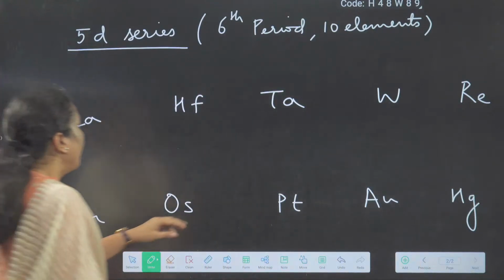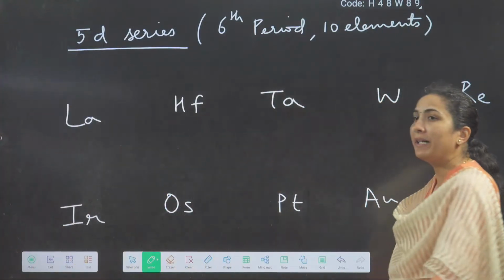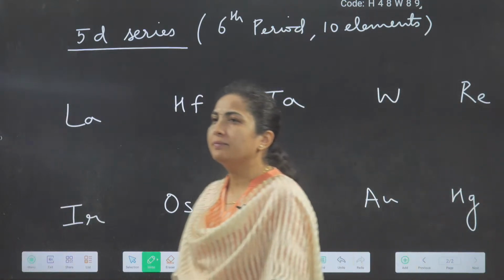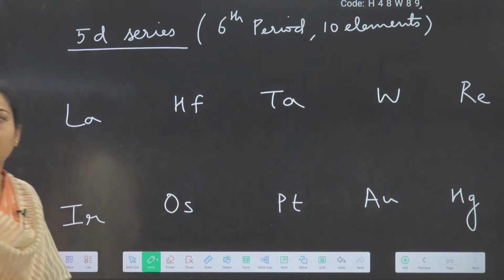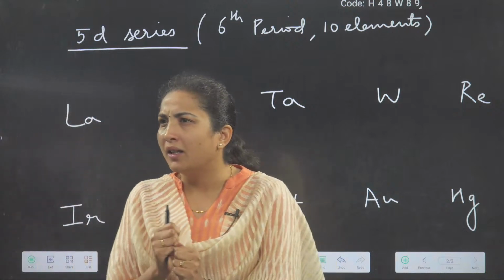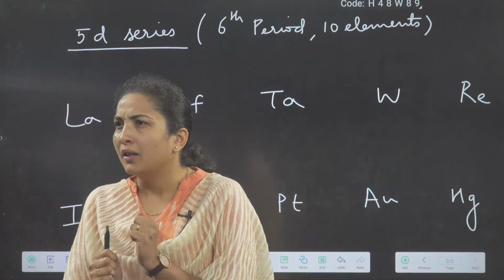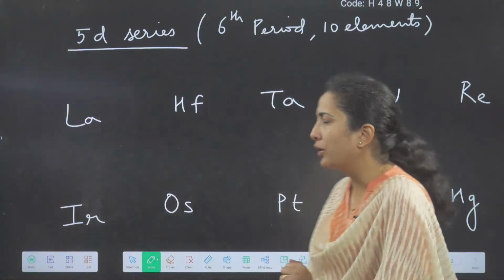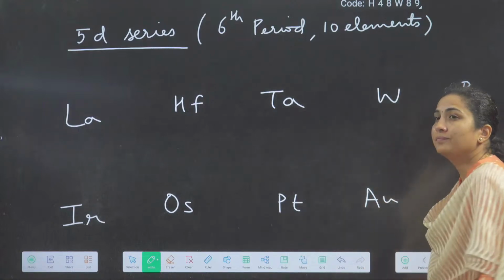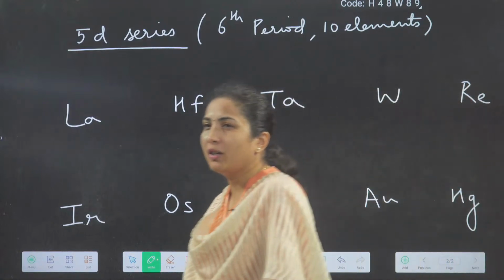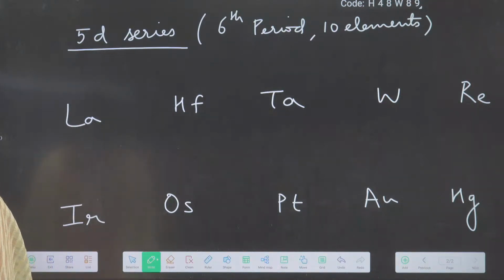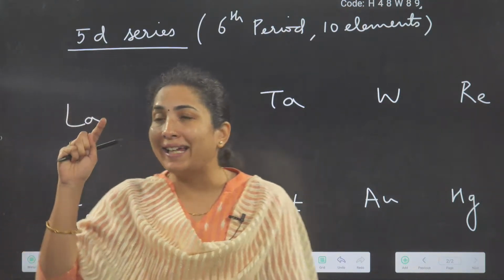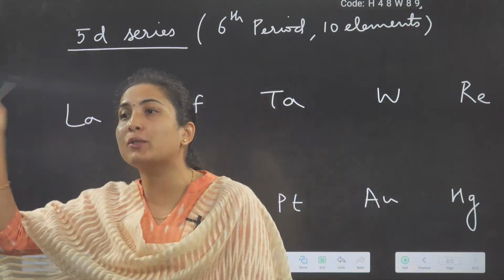PT, I think you might be knowing. Do we have idea about PT? Platinum. Good. AU, gold. And the symbol again, it is AU because its Latin name is aurum.